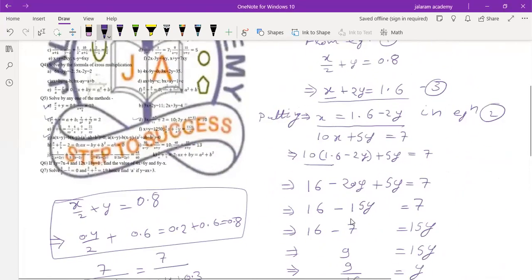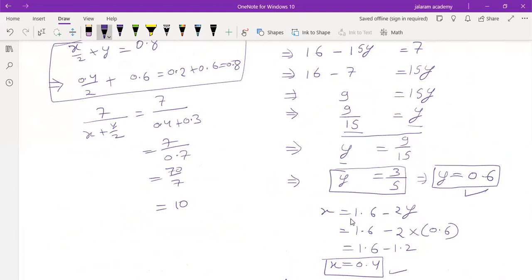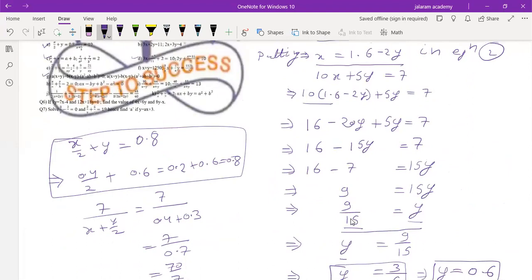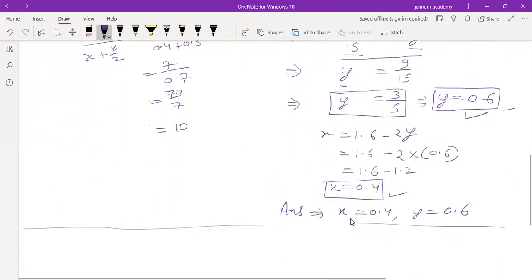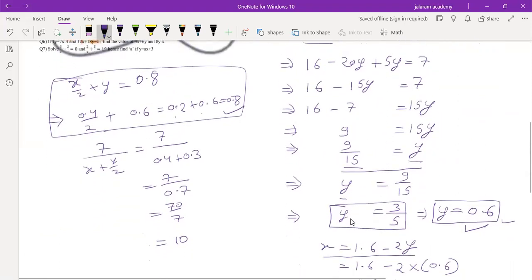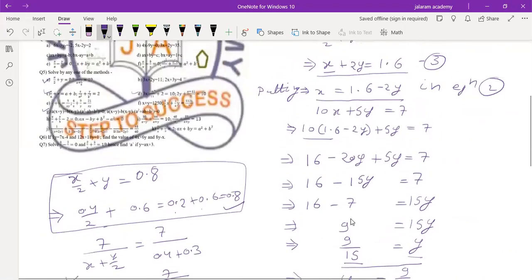So use the value of x as 0.4 and y as 0.6 in the first equation. 0.4 by 2 plus 0.6 equals to 0.2 plus 0.6, 0.8. If you check for only one equation, as we have solved it using this equation, it will satisfy it definitely. But if the answer is wrong, it must not satisfy the second equation.